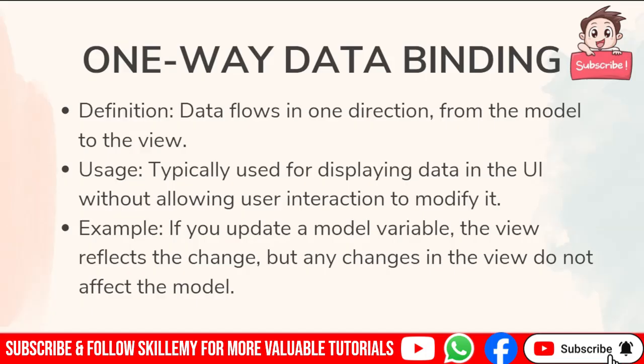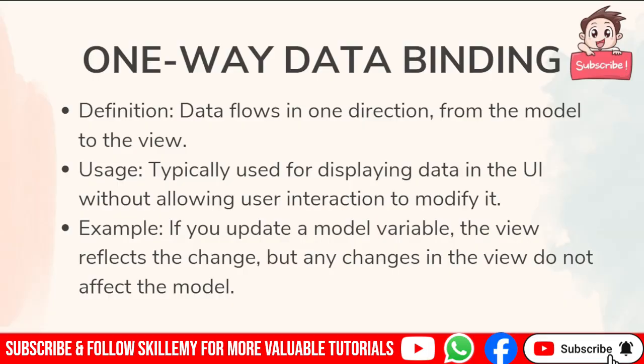Usage: typically used for displaying data in the UI without allowing user interaction to modify it. That means only the developers will be able to customize it, but the users will not be able to modify it; they will only be able to interact with the model applied by the developer.